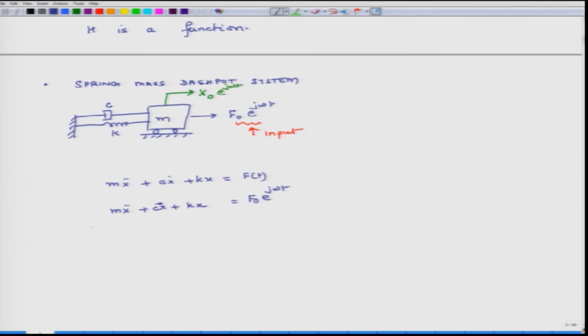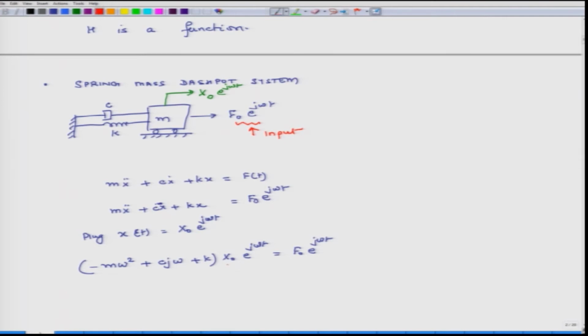Now, we plug x(t) as x naught e^{j omega t} into this equation. If we do all the math, we get (minus m omega square plus c j omega plus k) x naught e^{j omega t} is equal to f naught e^{j omega t}.